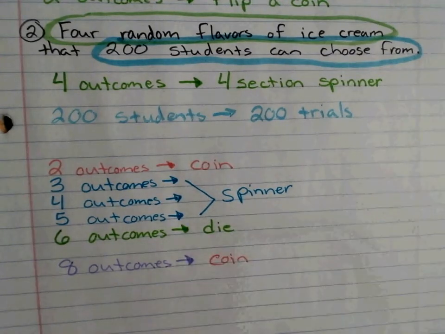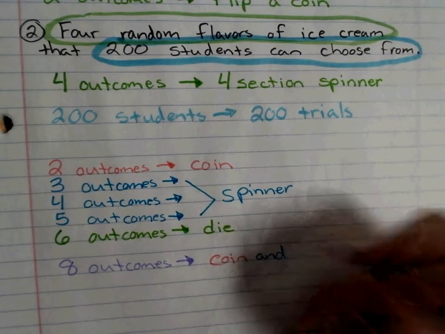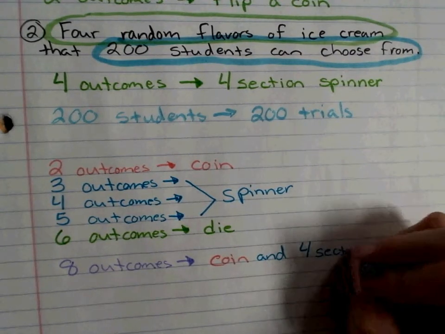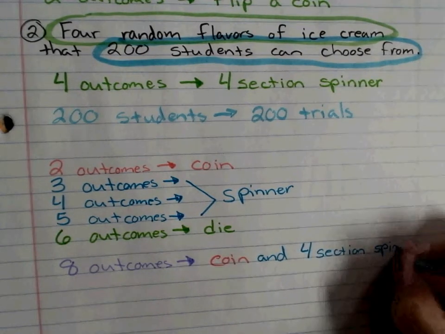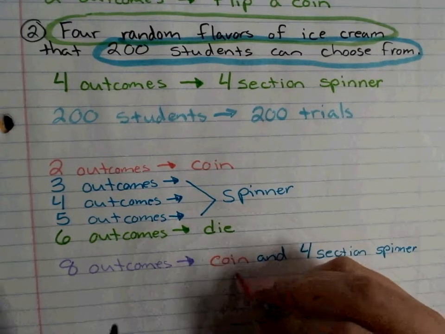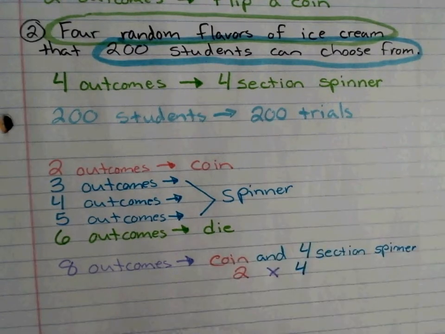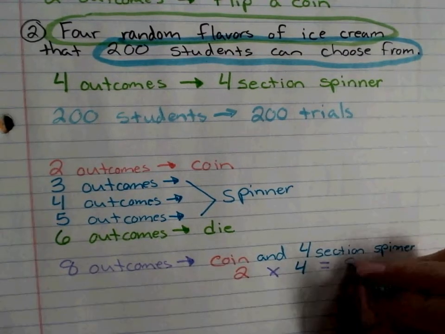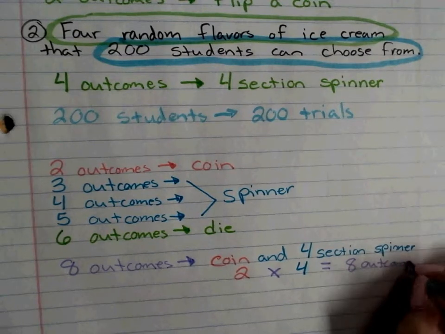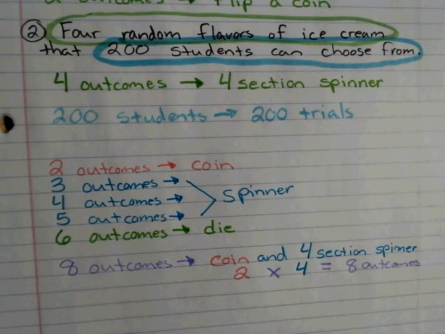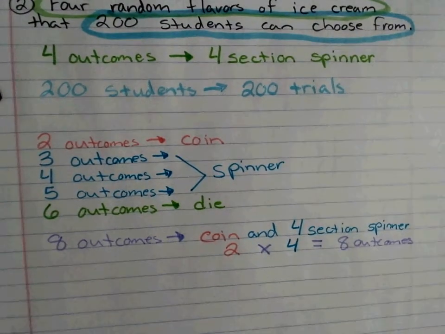So you would use a coin and a 4-section spinner, because the coin, which has 2 sides, times the 4-section spinner, which has 4 sides, would equal 8 outcomes. If you had like 9 outcomes, you could do 2 3-section spinners, because 3 times 3 is 9.